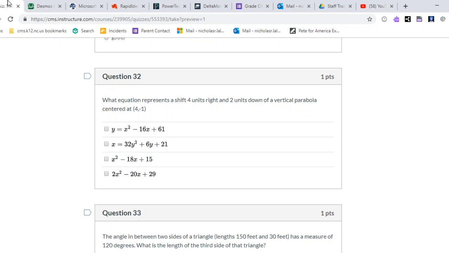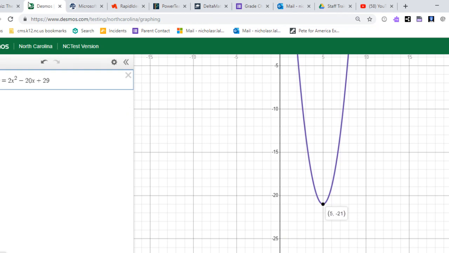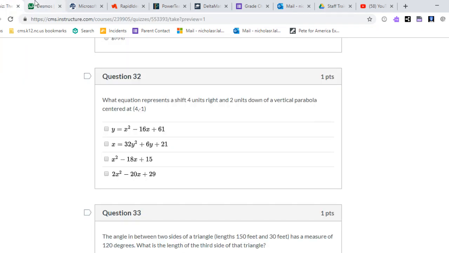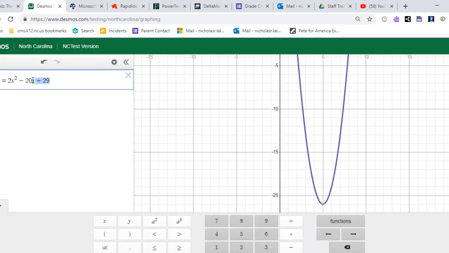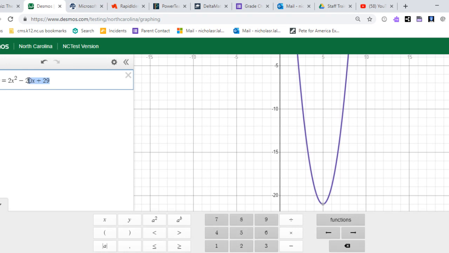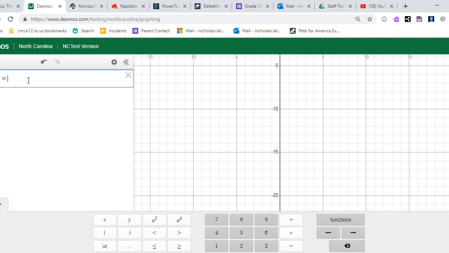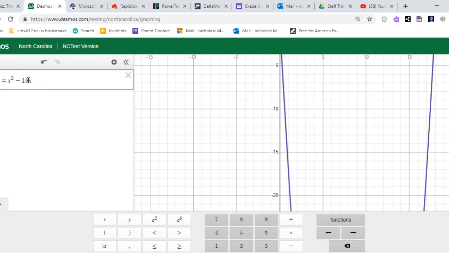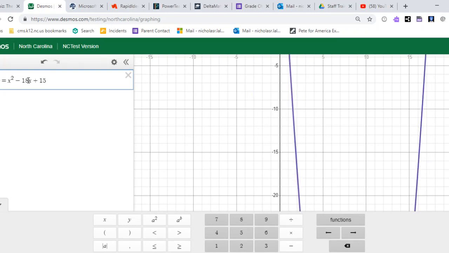Sorry, this might be a poorly written question. 2x squared minus 20x plus 29. x squared minus 18x plus 15.